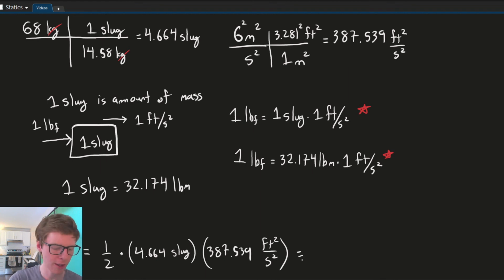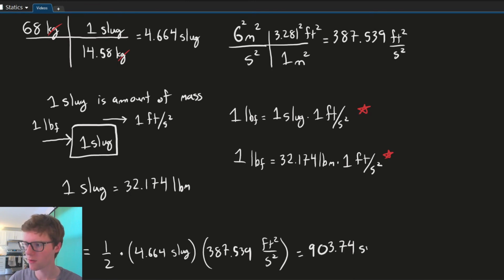So our kinetic energy in English units is going to be 903.74 slug feet squared per second squared. And that is your first experience with the wonderful unit of slug and the pound mass and pound force definitions in the English system.